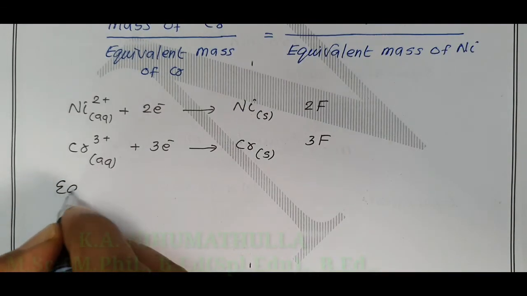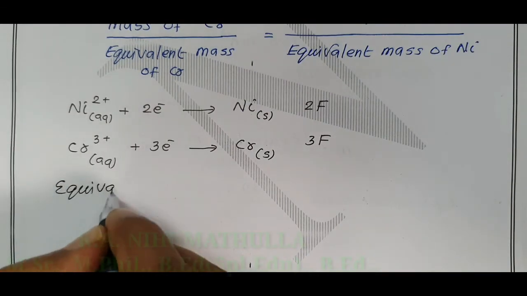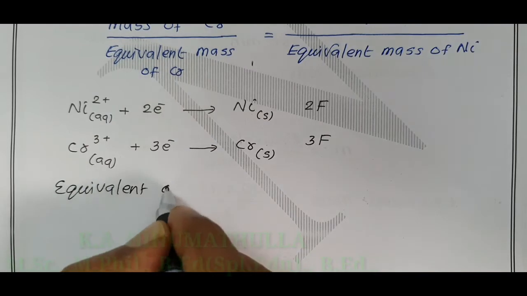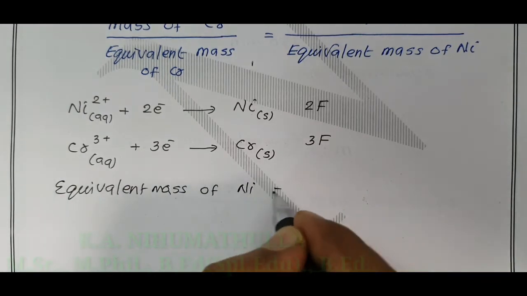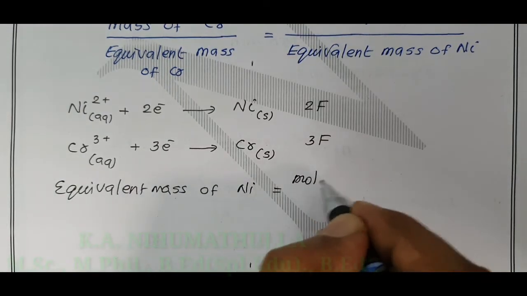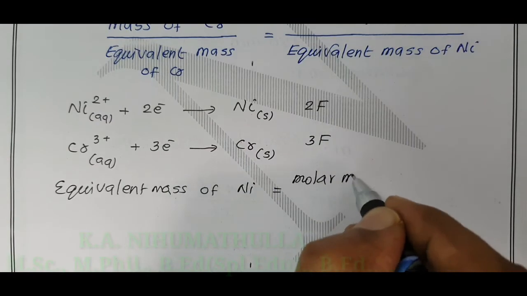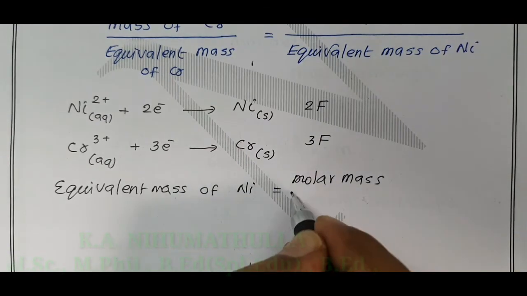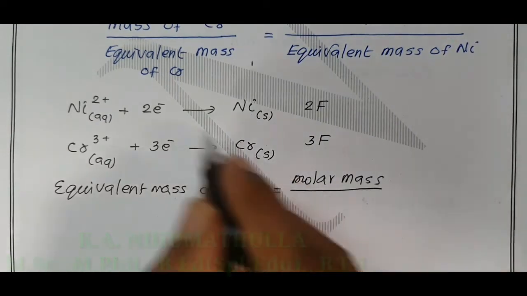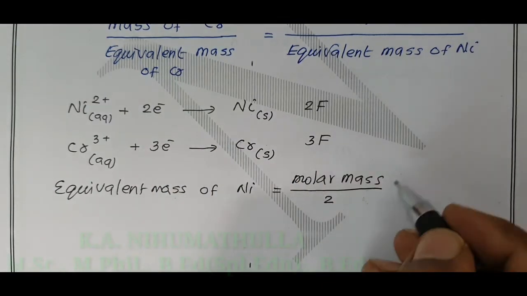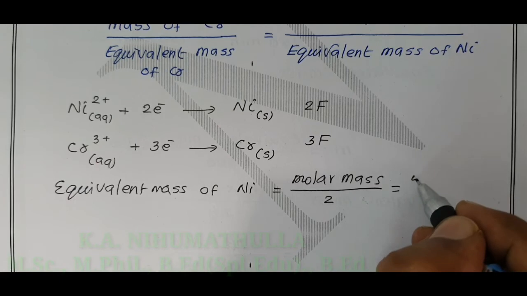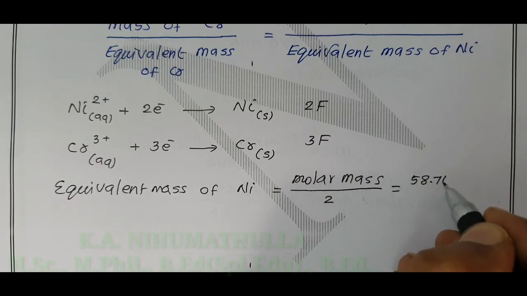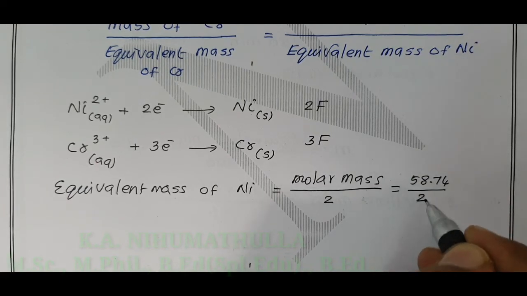First, equivalent mass of nickel is equal to molar mass divided by number of electrons involved. Nickel, 2 electrons. Nickel molar mass is 58.74 by 2.